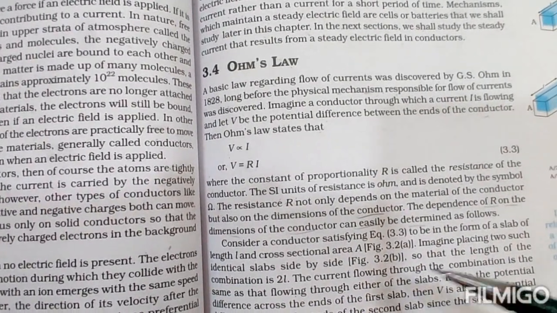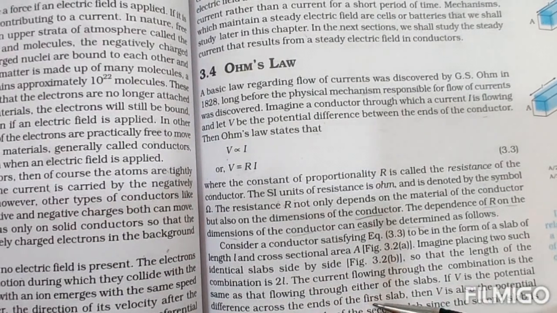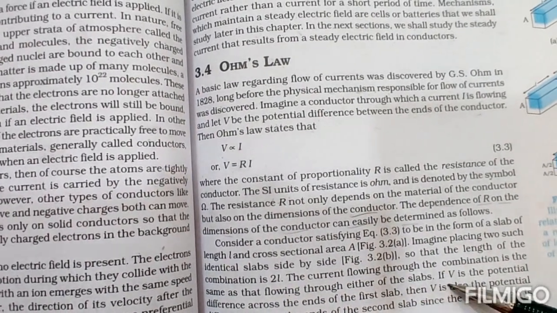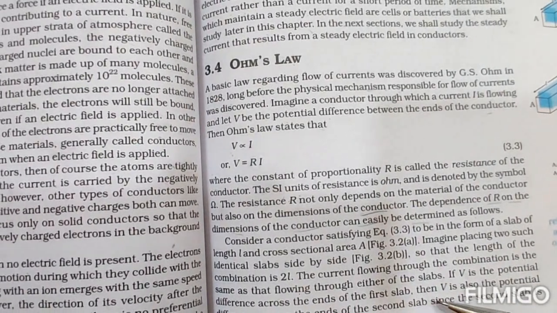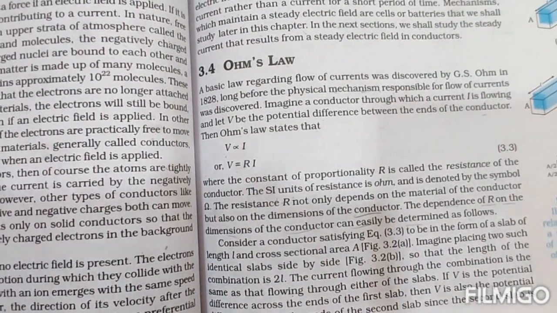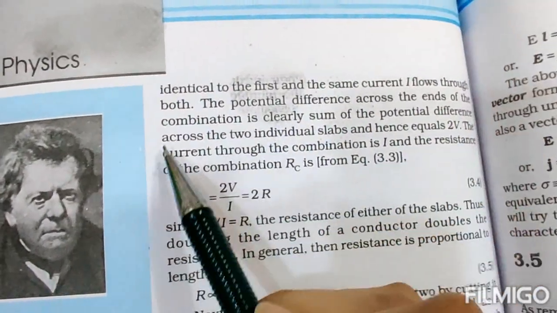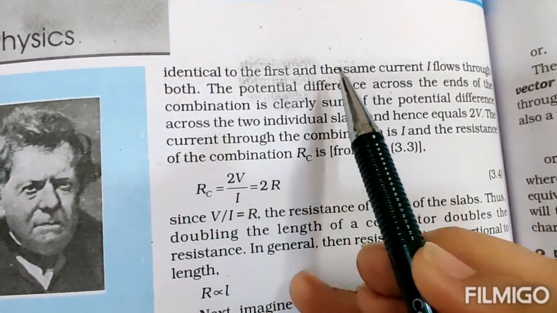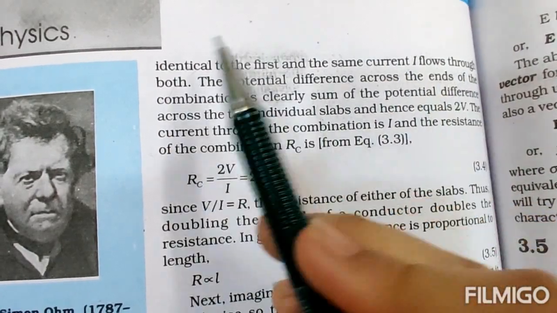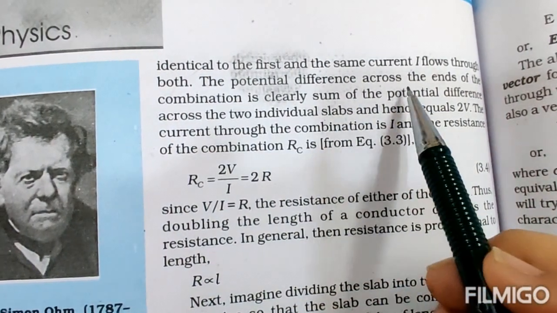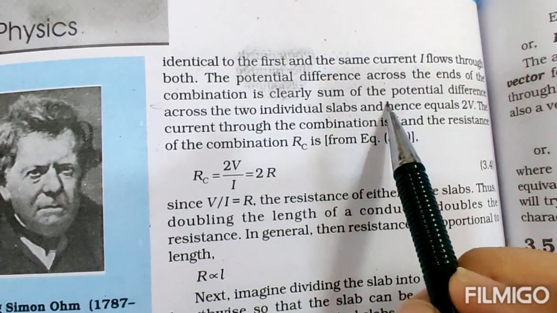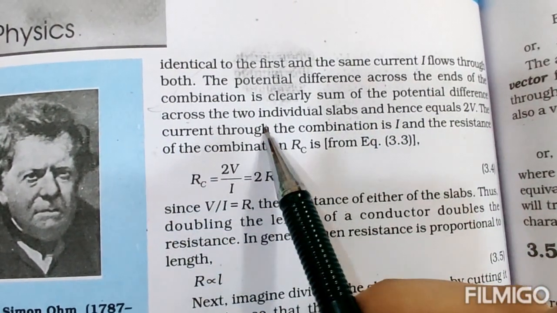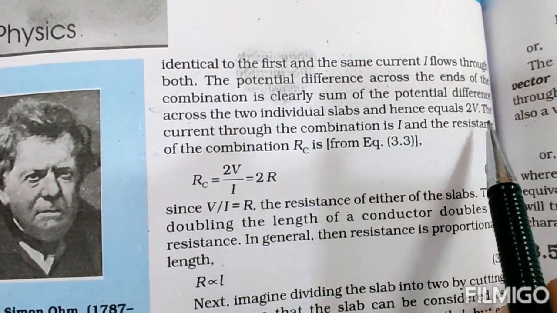If V is the potential difference across the ends of the first slab, then V is also the potential difference across the ends of the second slab, since the second slab is identical to the first and the same current I flows through both. The potential difference across the ends of the combination is clearly the sum of the potential differences across the two individual slabs and hence equals 2V.